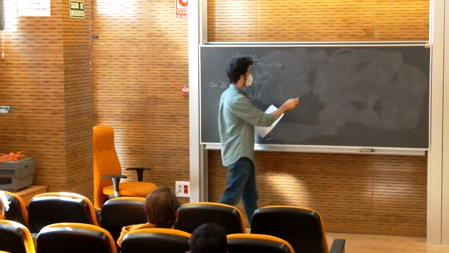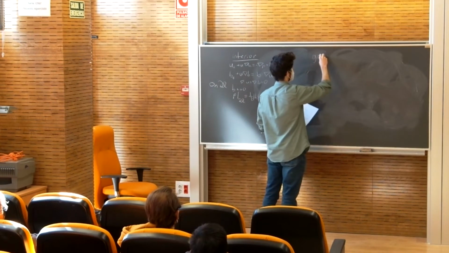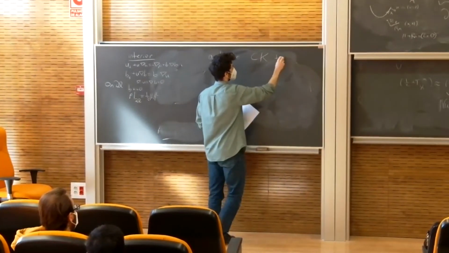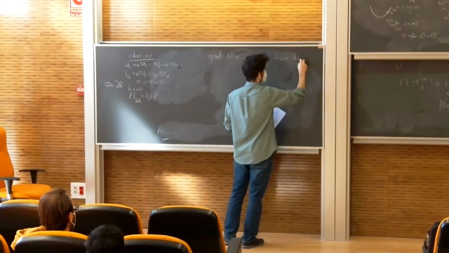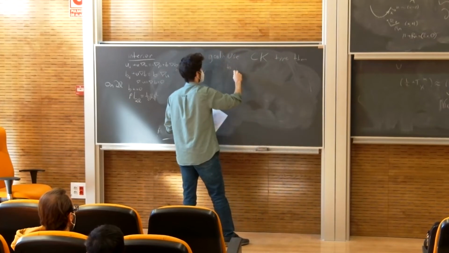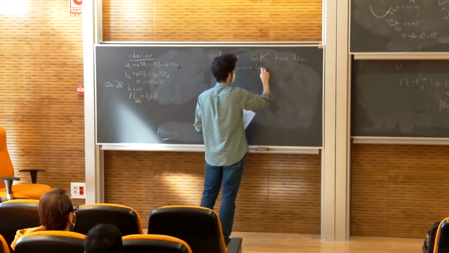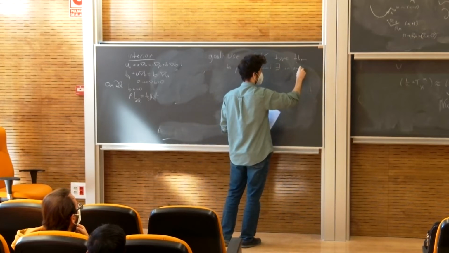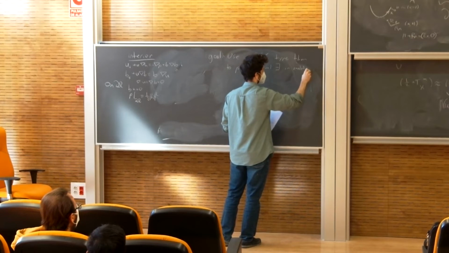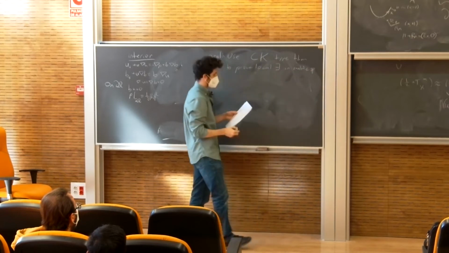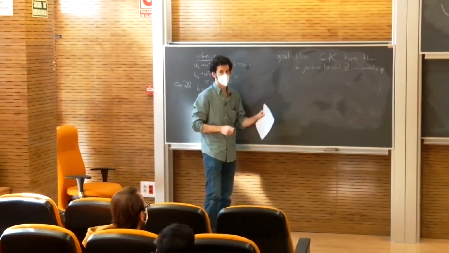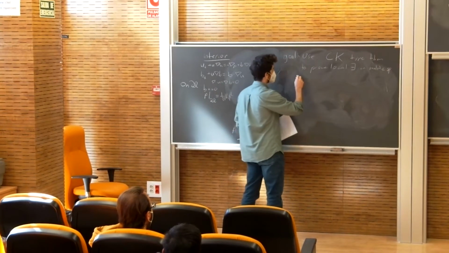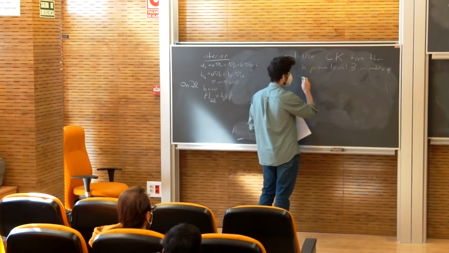Right, and so the goal is to use Cauchy-Kovalevskaya. It is a CK type theorem, to prove local existence in analytic spaces. And so basically the way you can do this is you just count derivatives.